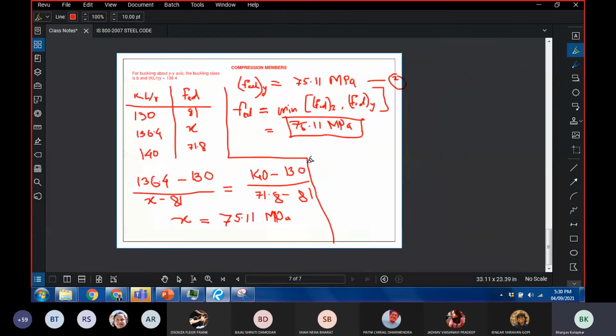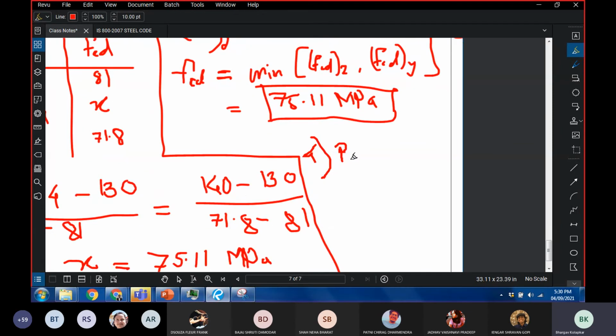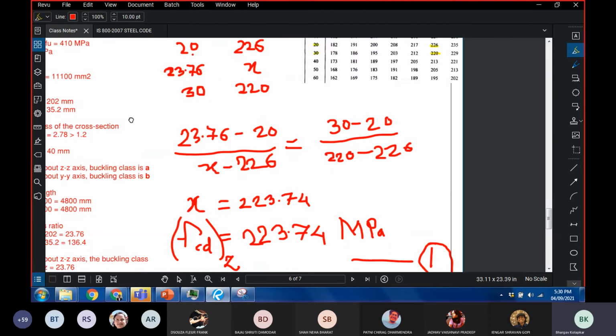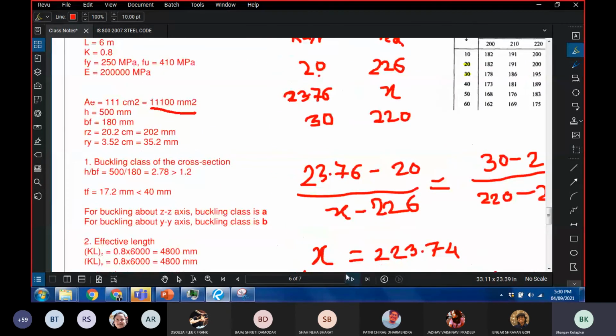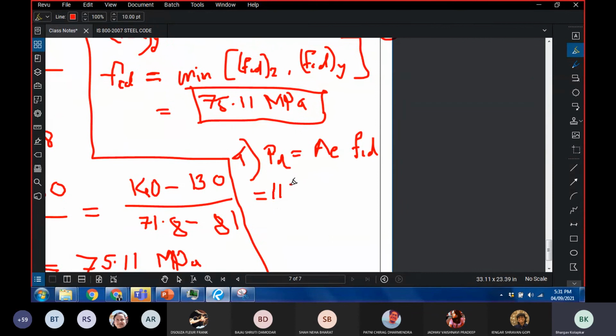Yes, step number 4 is to determine the value of PD. PD is equal to AE into FCD. So our effective area, 11100, something that we already found out, is equal to 11100 times 75.11. Give me an answer.